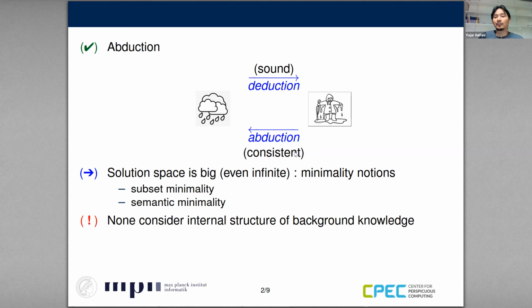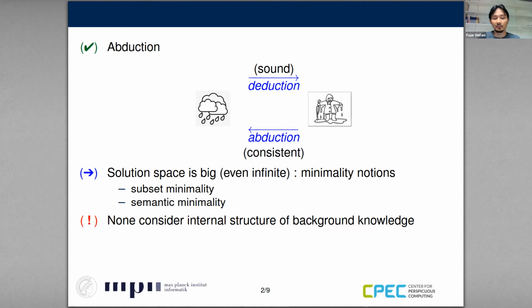But here we argue that none of them really consider the internal structure of the knowledge that you have at hand, namely the background knowledge. For example, subset minimality is simply a mathematical property on a set. Semantic minimality focuses more on the relation between different solutions, so it's still focusing on the solutions rather than taking into account the background knowledge.